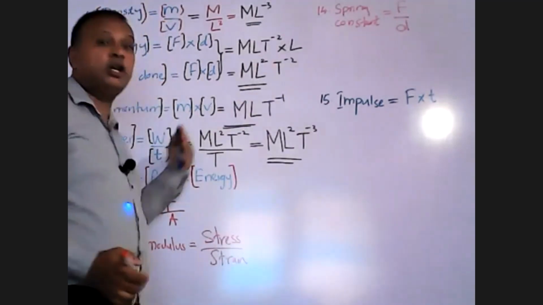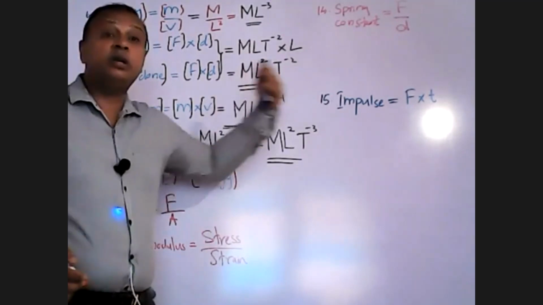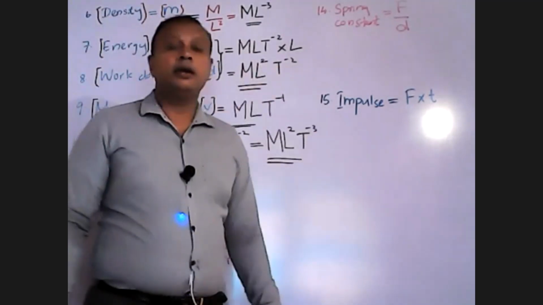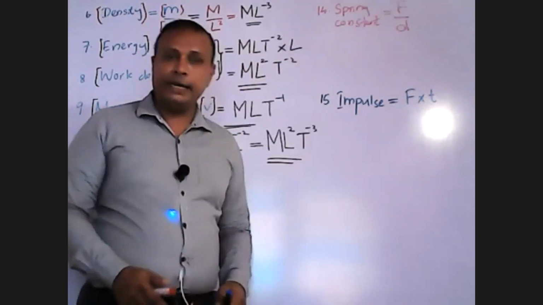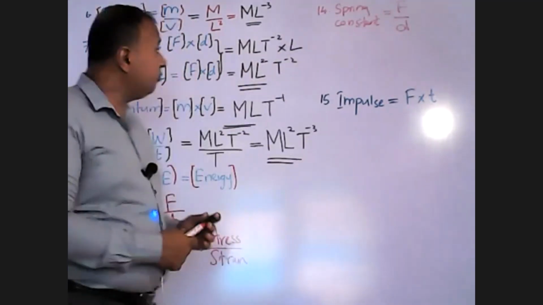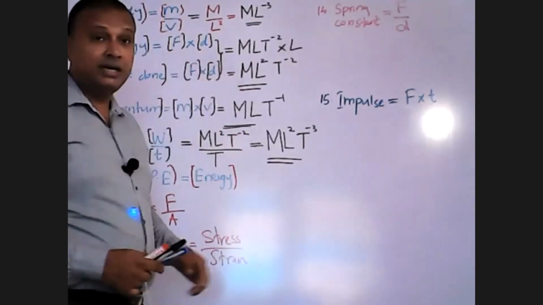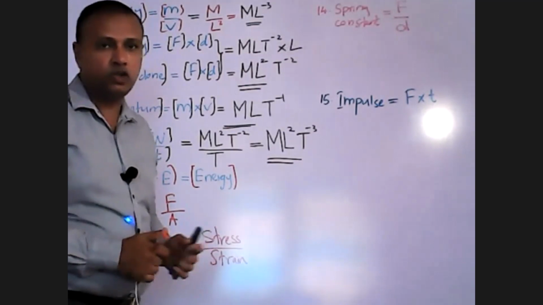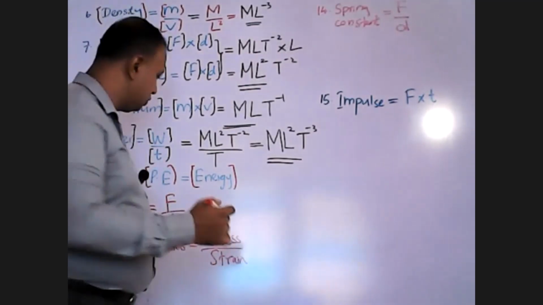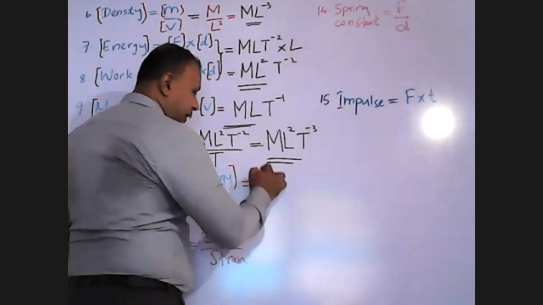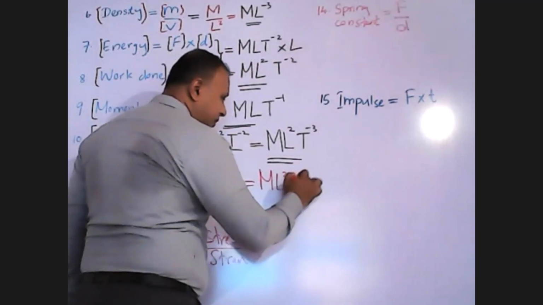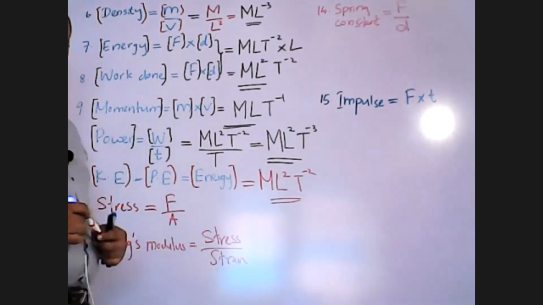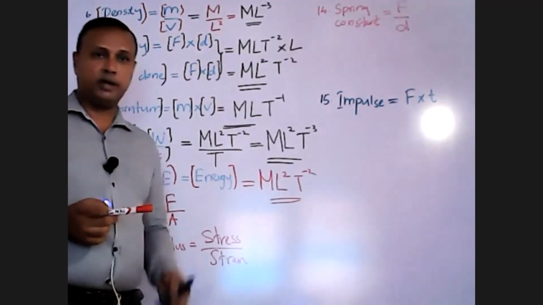So their dimensions are equal to the dimension of energy, which we found to be ML squared T minus 2.